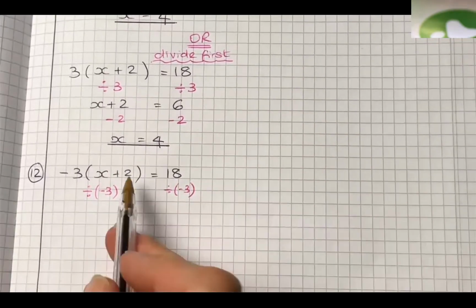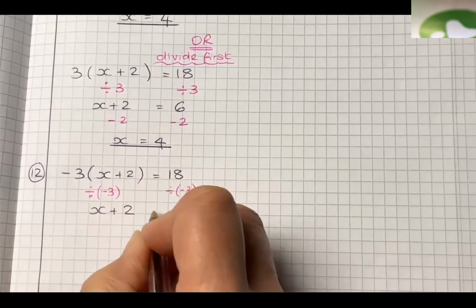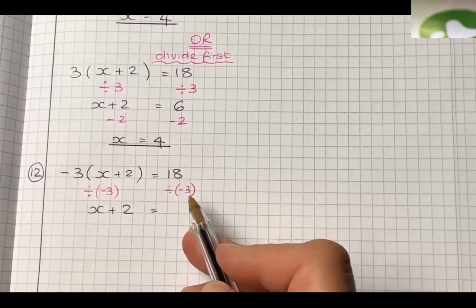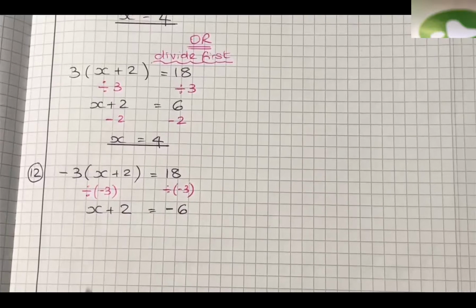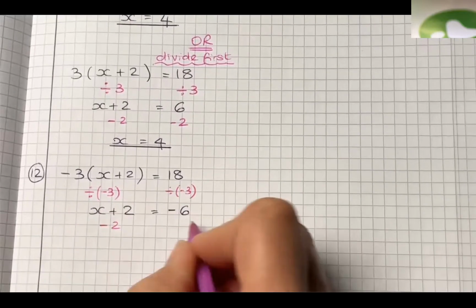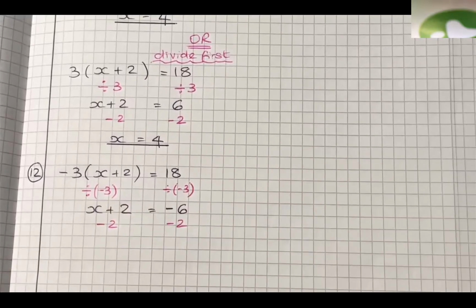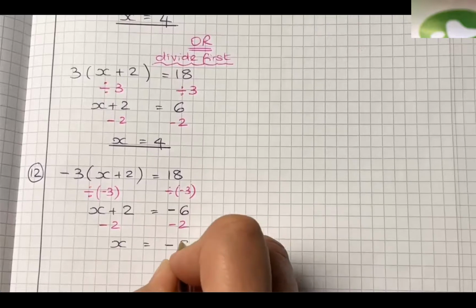So now I know that on the left-hand side, I've just got x plus 2. And on the right-hand side, 18 divided by negative 3 is going to give me negative 6. I'm going to subtract 2 from both sides now. And that gives me x equals negative 8.